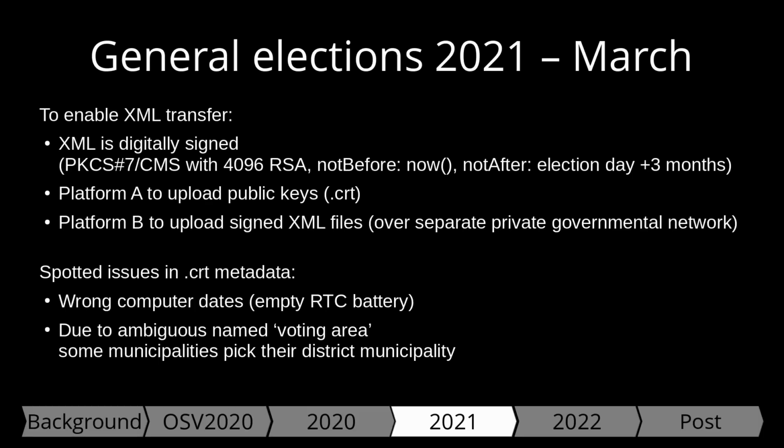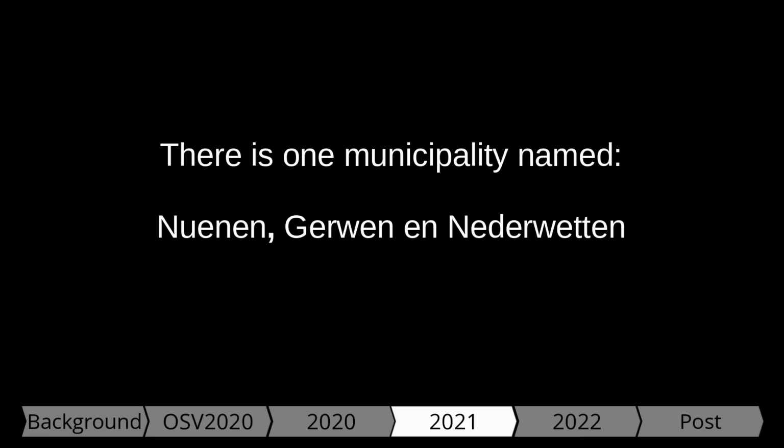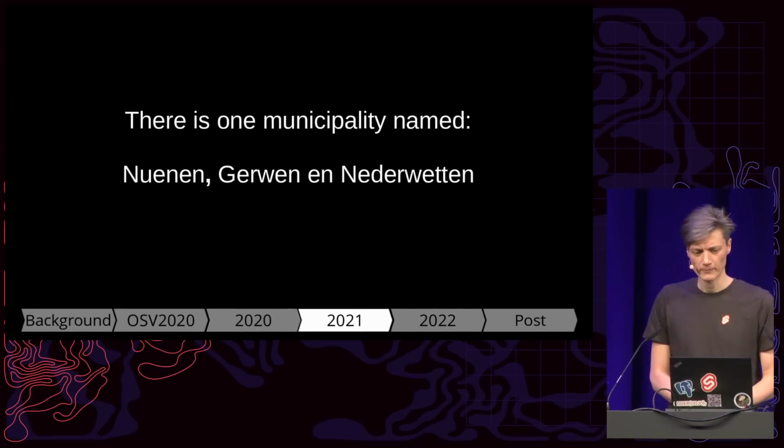And due to an ambiguous named voting area, some municipalities picked their district municipality, the wrong thing, and we could also notify them for that. But then there was one municipality named Nuenen, Gerwen en Nederwetten. And they actually did that. They picked their district municipality.